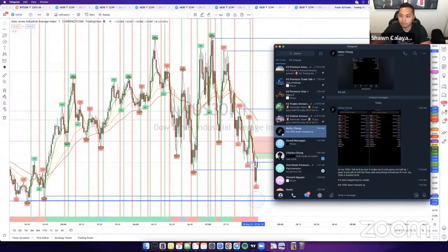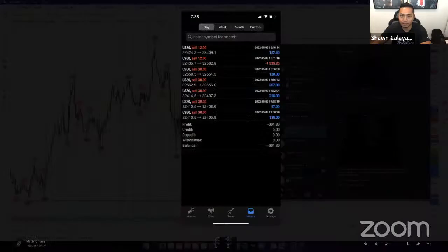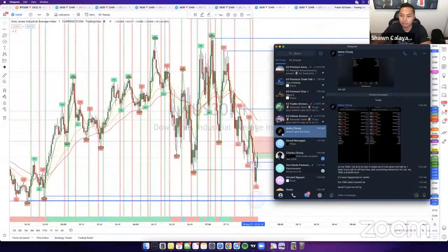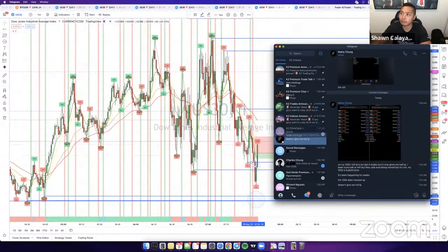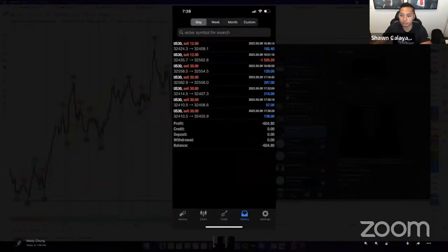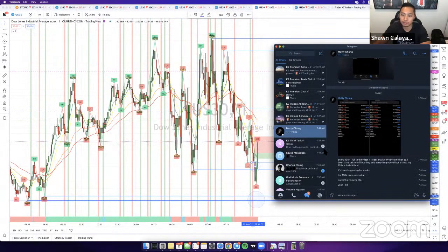Yeah, that's weird. 6.5 lot size too. You know what you should probably do, Maddie? I would recommend using your smaller account as the main account, because if you're copying it to a smaller one, or you're using fixed lots, oh, it still has the issue. Yeah, that's weird.